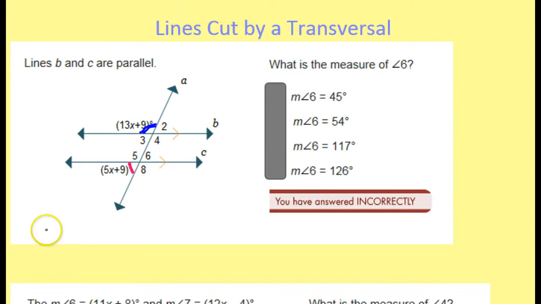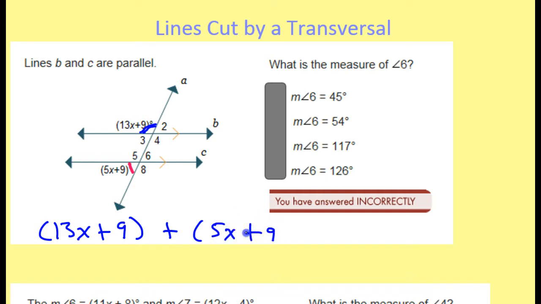So that means we should be able to make an equation that goes like this. The 13x plus 9 plus the 5x plus 9 should equal 180. So we should be able to easily solve this.